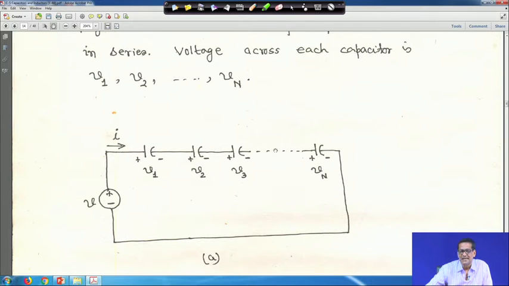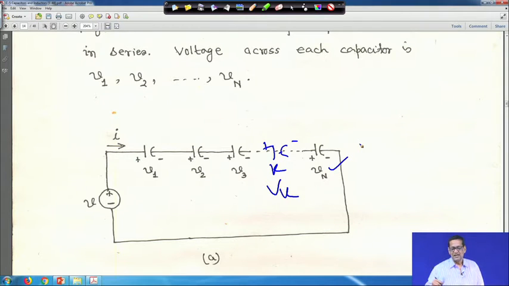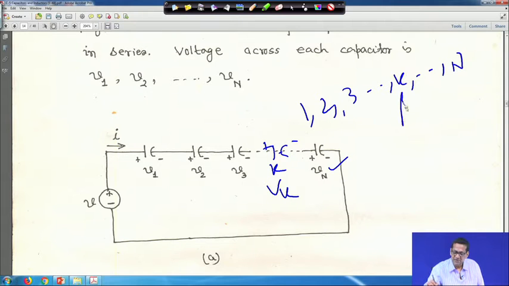In between, some kth capacitor is also there, and the voltage there is Vk, and n is the last one. So it is 1, 2, then 3 up to the kth capacitor, then nth. So somewhere the kth capacitor is there.